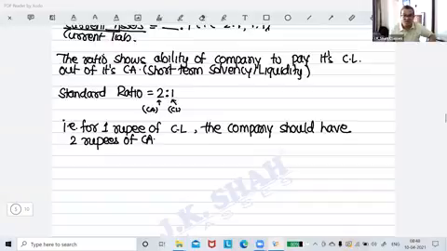Correct, people? What say, guys? A company should always pay current liabilities out of current assets only. Can't it use fixed assets? Yes or no? Very important question.